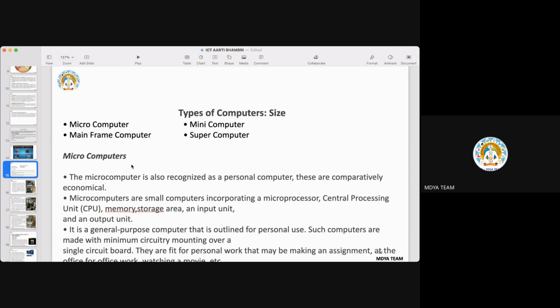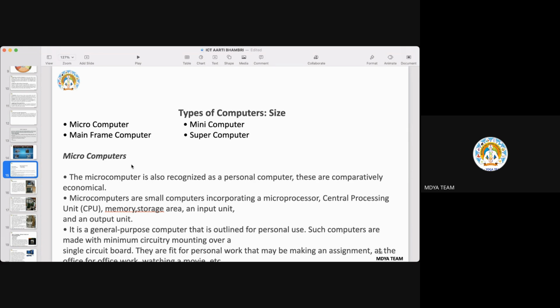They are fit for personal work, and students are also using the computer. They make projects or designs, whatever they want to do with it. They install instructions or software as per their need.